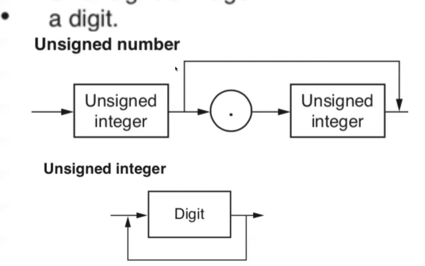Now, if I did not mention this alternate path, that means I have to have a real number. If I have chosen not to write a real number and my unsigned number syntax diagram does not have this alternate path, I will not reach this end position, because my number does not have a decimal place in it. And that's how I know that particular number does not satisfy the rule for an unsigned number.